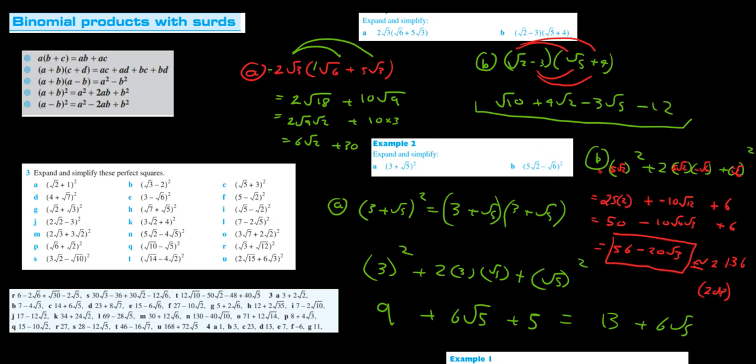So you can do 5 root 2 minus root 6, squared, to get 21.36 to 2 decimal places. Okay, so we know we got the right answer.